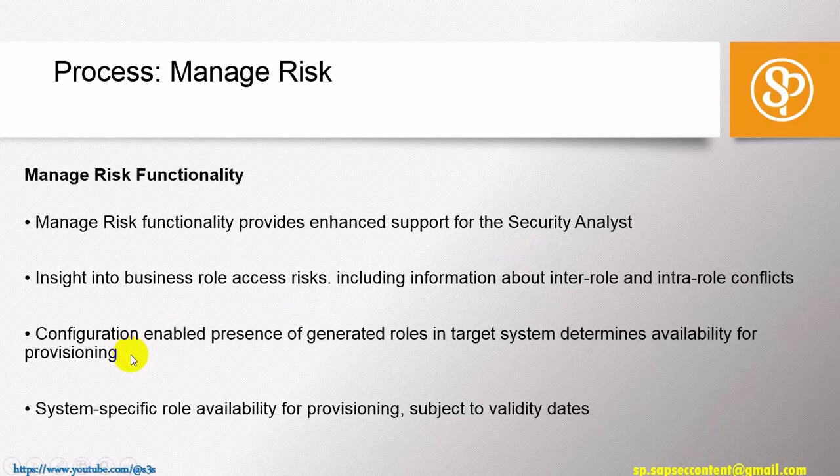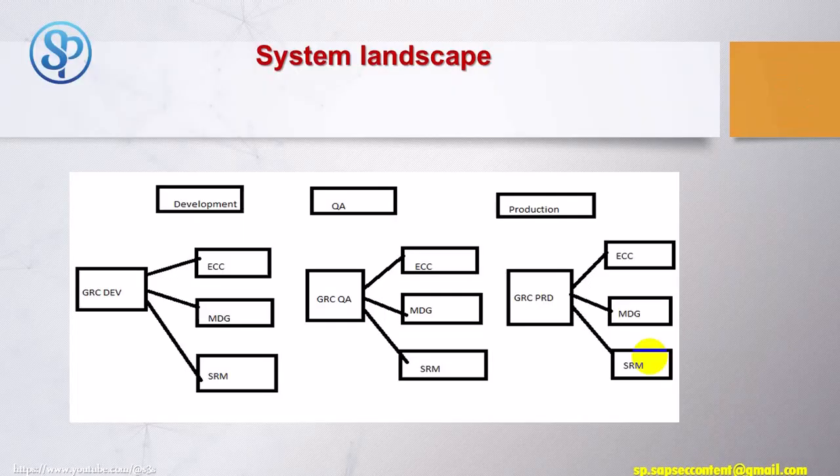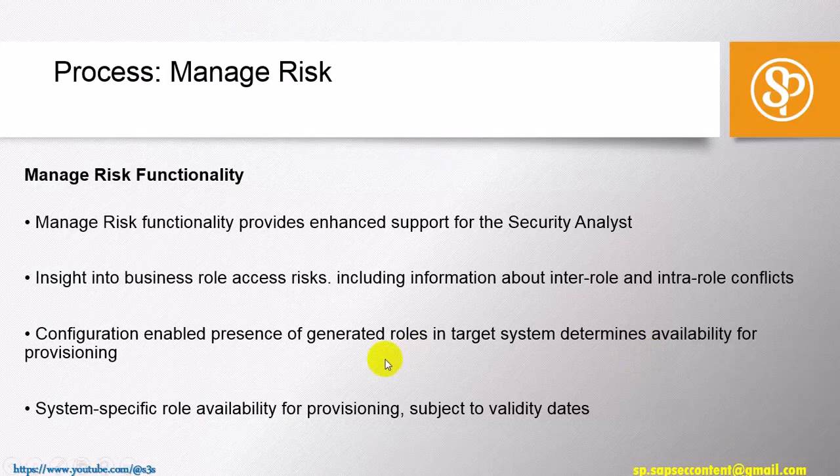Also, the configuration is generated based on the target system and availability for provisioning. To understand this point: configuration enabled presence and generated role in the target system determine the availability for provisioning. And also the last two points, system specific role availability for provisioning is subject to validity dates.